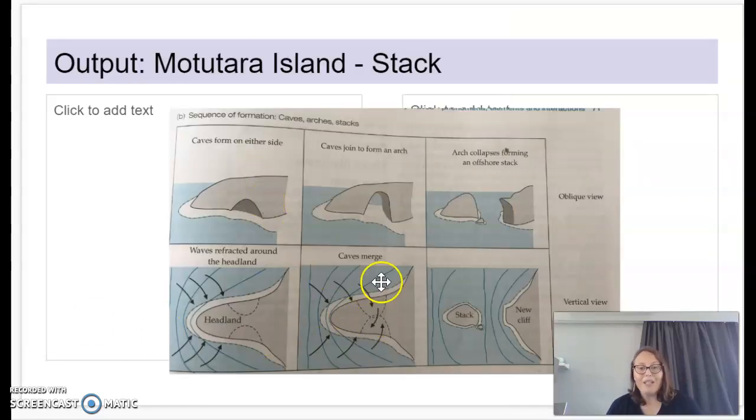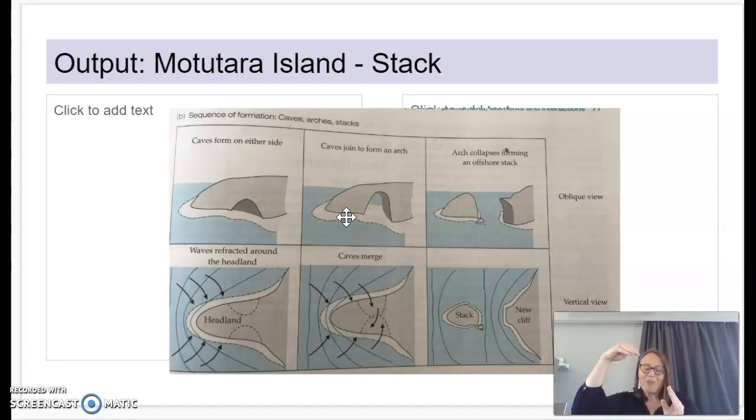Once that keeps happening, that arch is getting wider and wider and wider, and the top of that structure, so up here, is actually getting really heavy, and it's very hard for it to support all of that transfer of energy from the waves and from the wind. So it's becoming an unstable structure. Not to mention, we've also got the weathering of the plants.